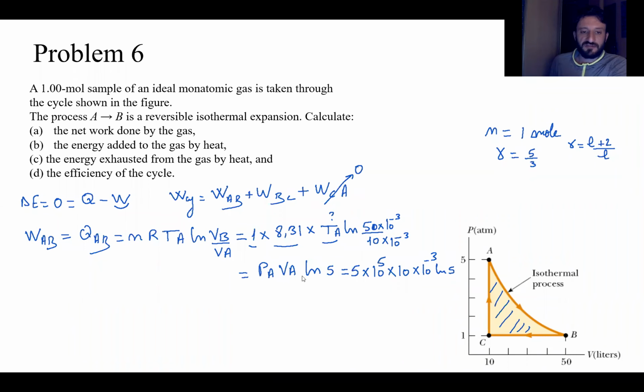Finally, the answer: QAB equals omega AB equals, I calculate, 8.15 times 10 power 3 joule. This is the value of omega AB, equals QAB.